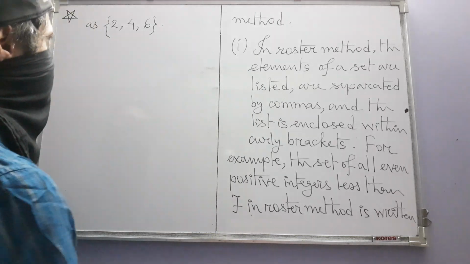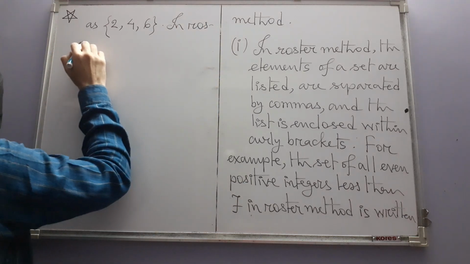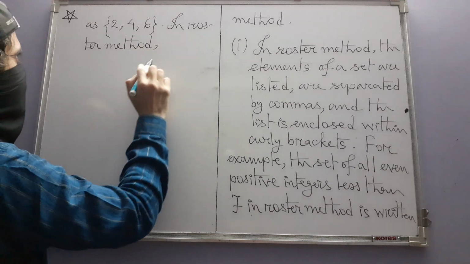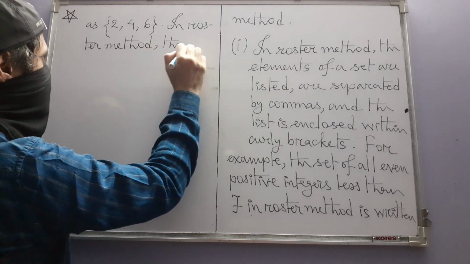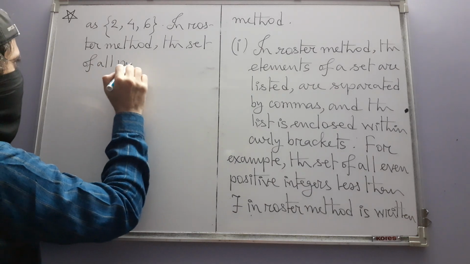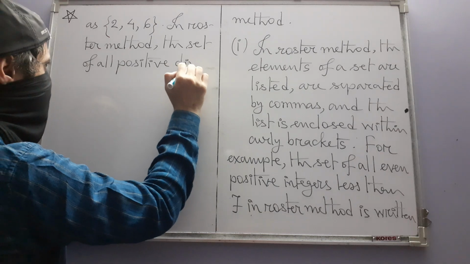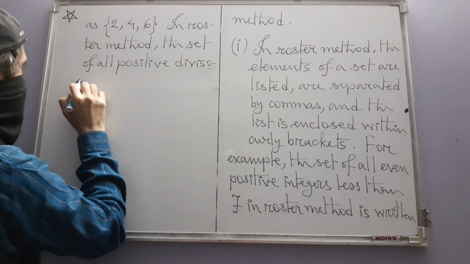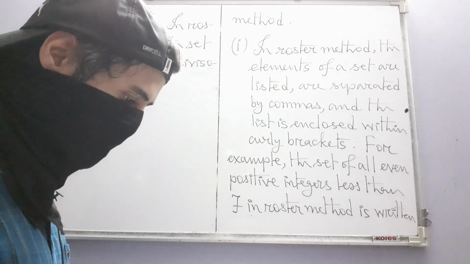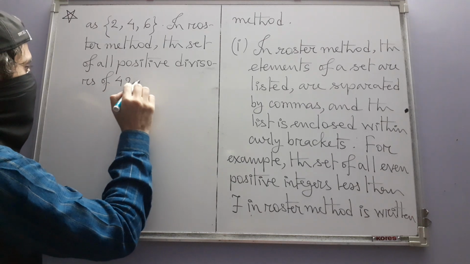Let's see another example. In roster method, the set of all positive factors or divisors, same meaning, of the number 42.